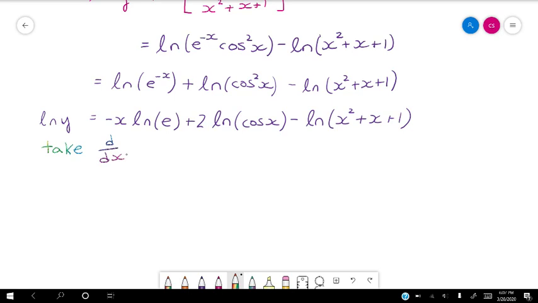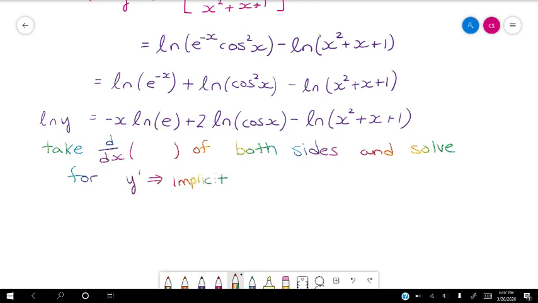We're going to take d dx of both sides and solve for y prime. And that's our implicit differentiation. All right. I'll just write implicit diff.